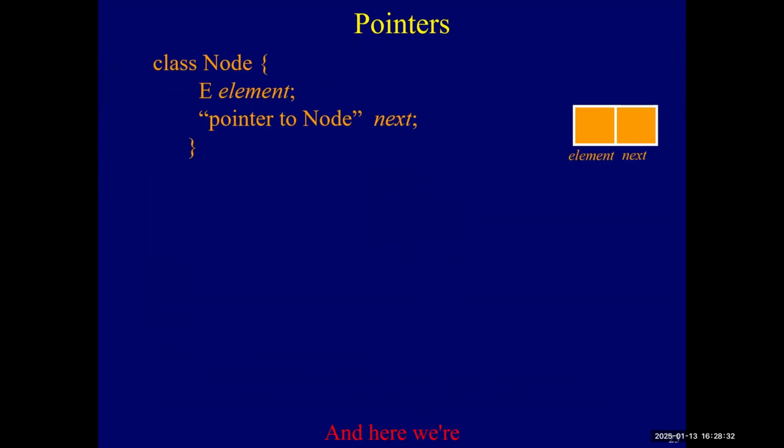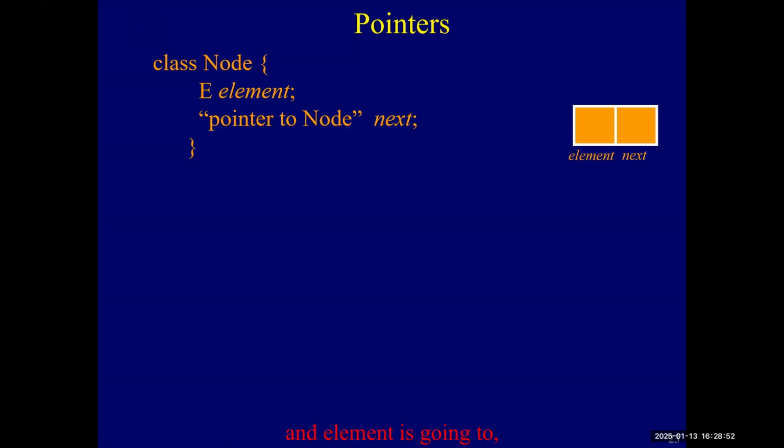And here we're doing some Java code where we say node is going to be an object that's going to have 2 fields. One of the fields, element, is going to be a type E, whatever that's going to be.